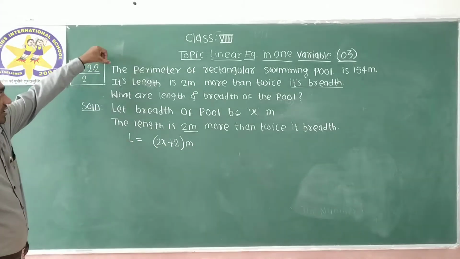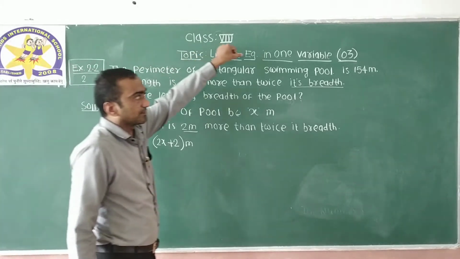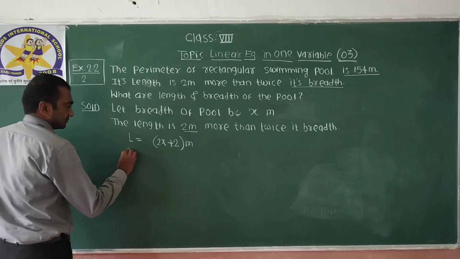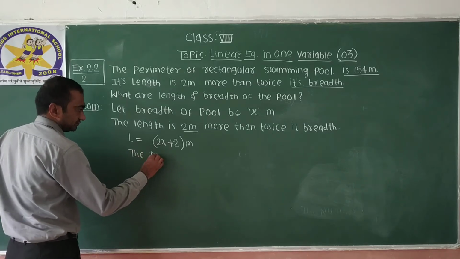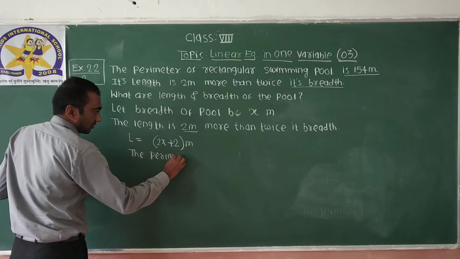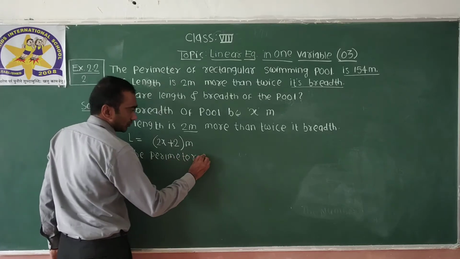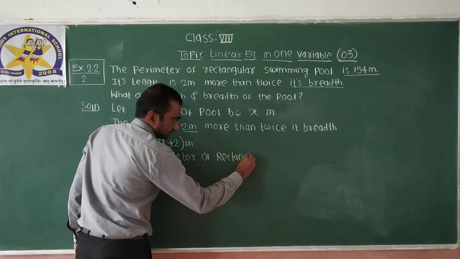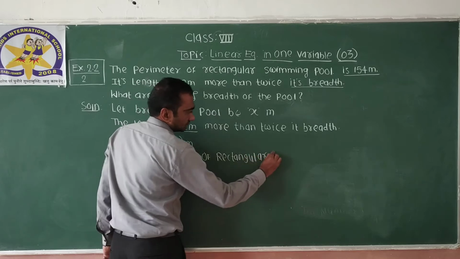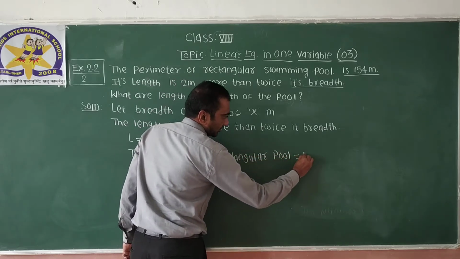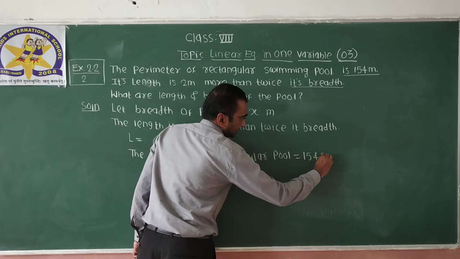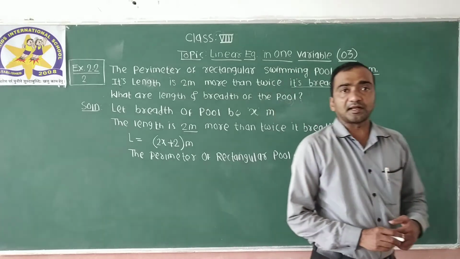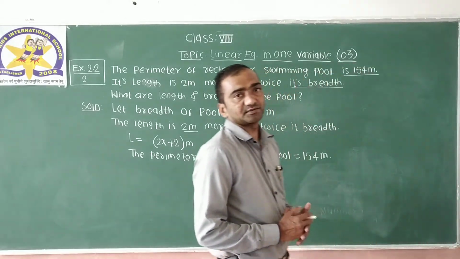After that, the first sentence is: the perimeter of that rectangular pool is equals to 154 meter, and we know that the formula of perimeter of rectangle is 2 multiplied by length plus breadth.